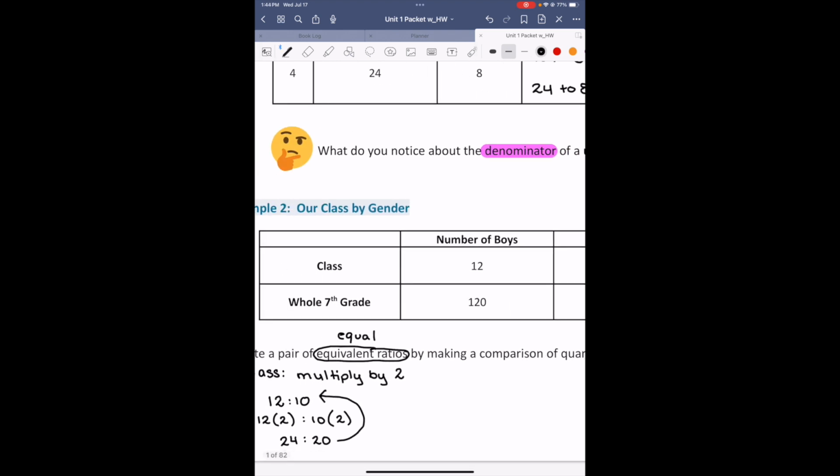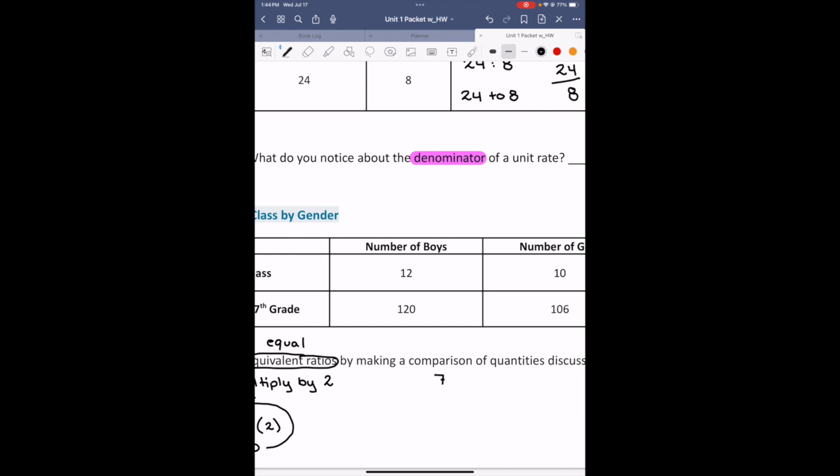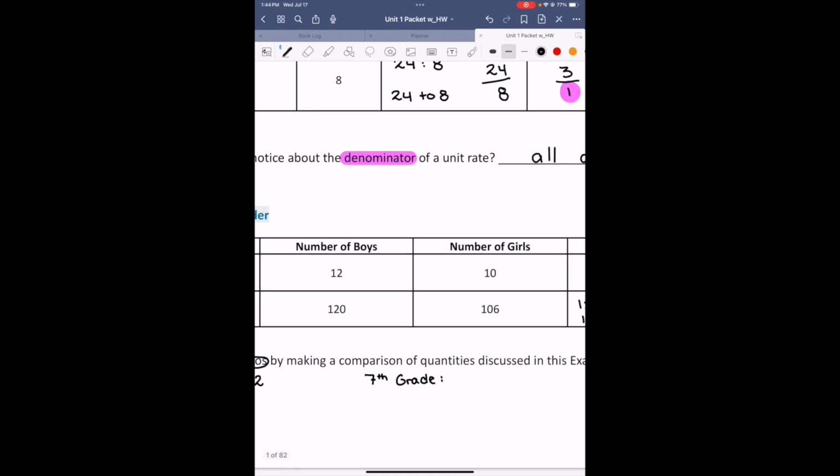If we look at the whole 7th grade, I have a ratio, and this time I'm going to write this ratio as a fraction. So I have a ratio of 120 to 106.